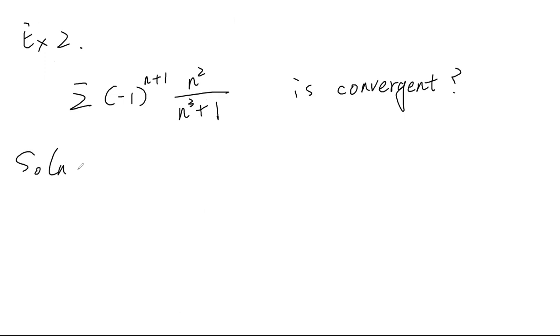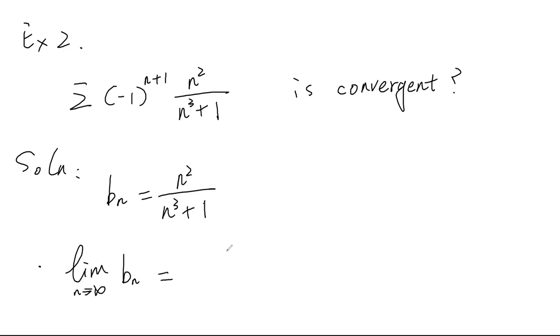So what we did is let Bn be the absolute value of the nth term in the series, which is n squared plus n cubed plus n squared divided by n cubed plus 1. And we have verified one of the conditions, that the limit of Bn is equal to 0. This is what we did yesterday. So today we're going to verify the other condition, whether Bn is decreasing or not.